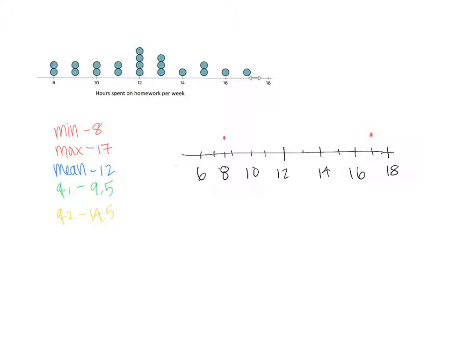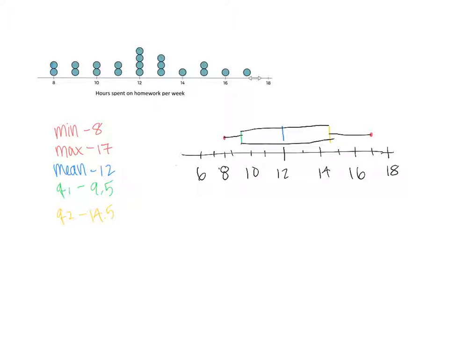And then I did the mean right here at 12. And the first quartile is at 9.5. So if my halves are perfect, it'd be probably right there. And then the second one was 14.5, so it'd be right about here. And then you just draw the box, and then the whiskers. So that was how I got my box and whisker graph.